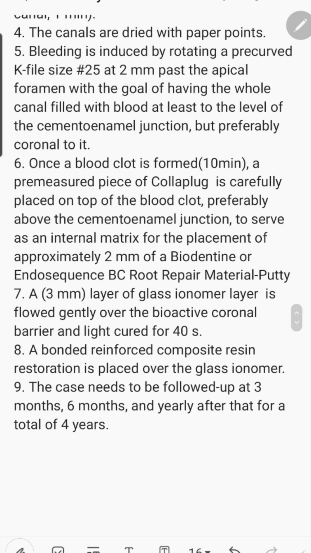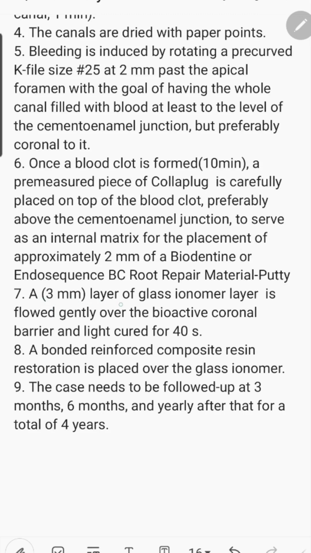Once a blood clot is formed, which is usually after 10 minutes, a pre-measured piece of collagen plug is carefully placed on top of the blood clot, preferably above the cemento-enamel junction, to serve as an internal matrix for the placement of approximately 2 millimeters of a Biodentine or EndoSequence root repair material putty.